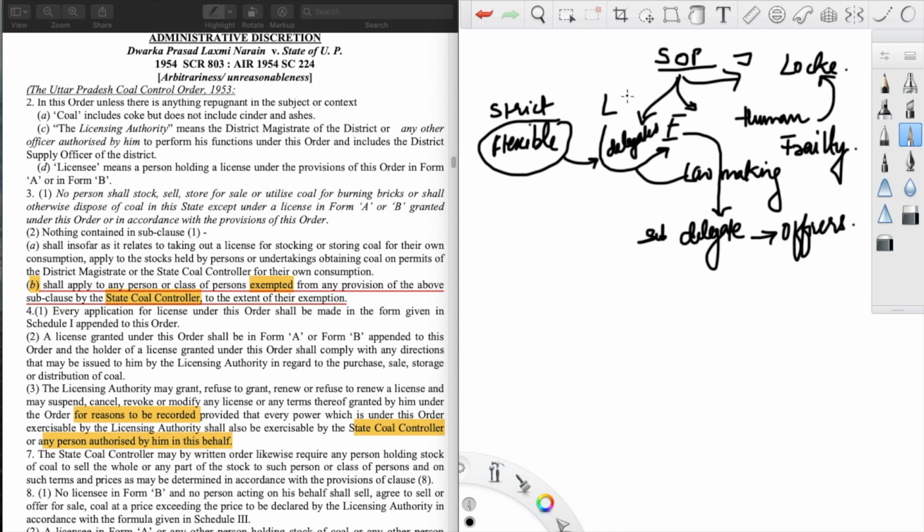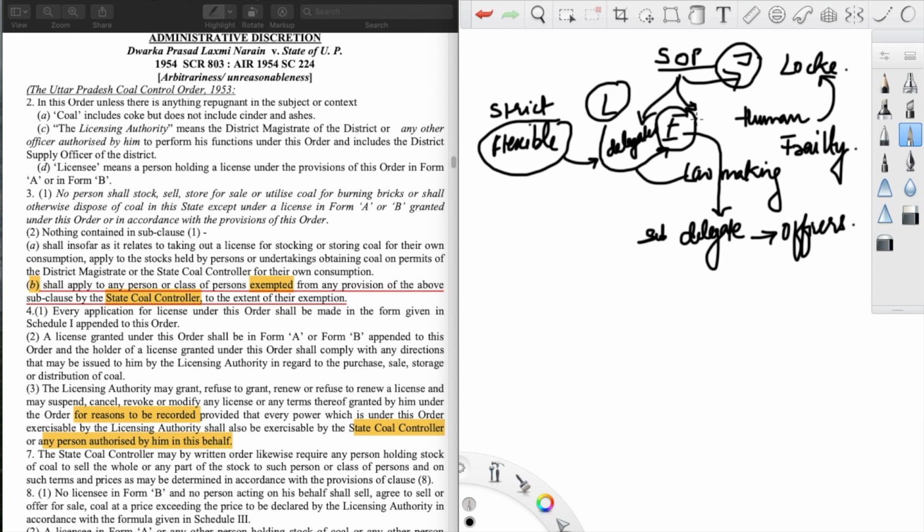Now, briefing the theory because it is important for the rest of the lecture. Under the theory of separation of powers, we have majorly three organs of the government, and they are legislative, executive, and the judiciary.